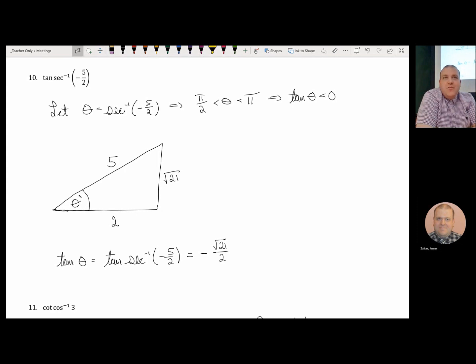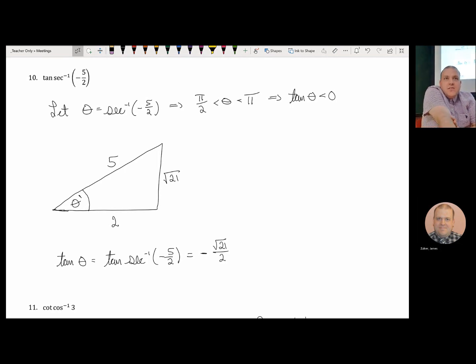Then just use pi over 3 as your reference angle and modify accordingly. 16 pi over 3 would be pi over 3 plus 15 pi over 3, which is 5 pi. 5 pi is the negative x-axis, so we're in quadrant 3. So tangent would be positive in there. So tangent of 16 pi over 3 is tangent of pi over 3. Now I just take tangent of pi over 3 and I'm done. That's how reference angles work.